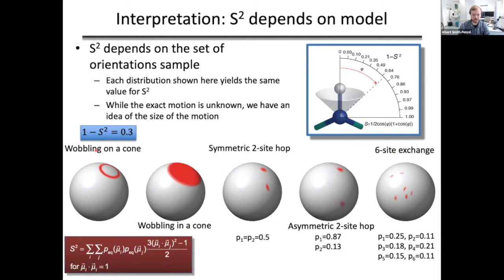And what's interesting here is all of these orientation samplings have the same order parameter. So you really can't get the exact orientation sampled from the order parameter. But what we're going to do is focus on correlation times in this talk.